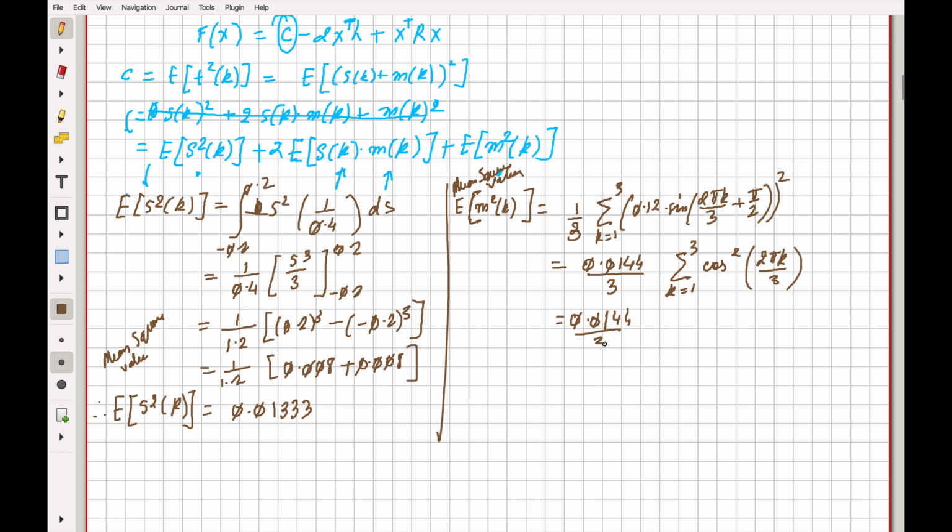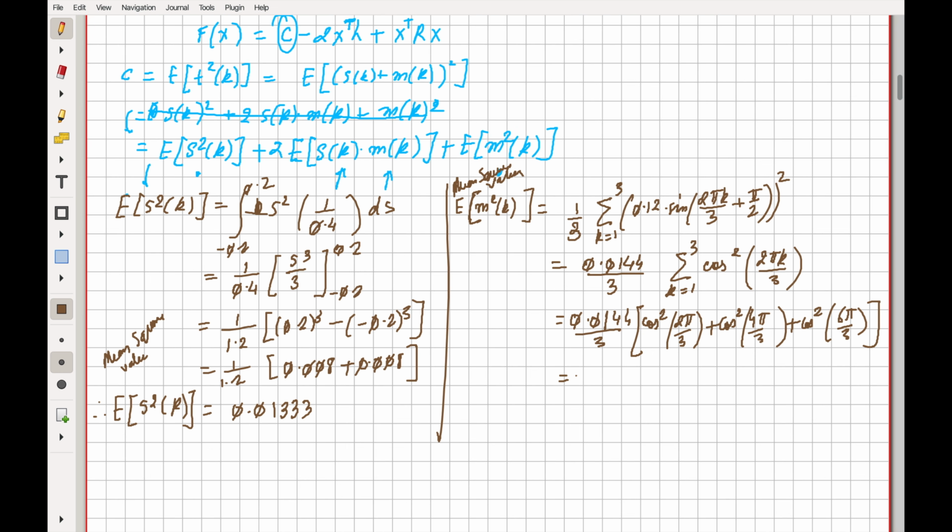We can then keep going further down this, and so this is 0.0144 divided by 3 times cos squared 2 pi by 3 plus cos squared 4 pi by 3 plus cos squared 6 pi by 3.